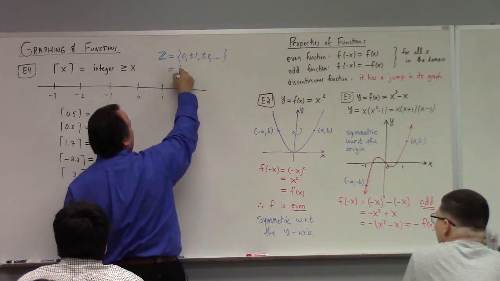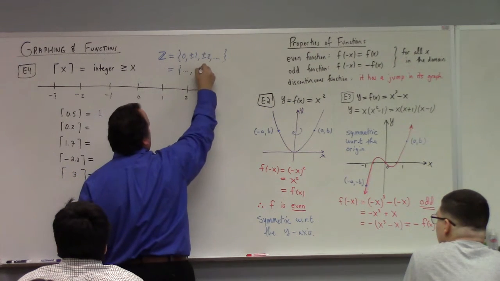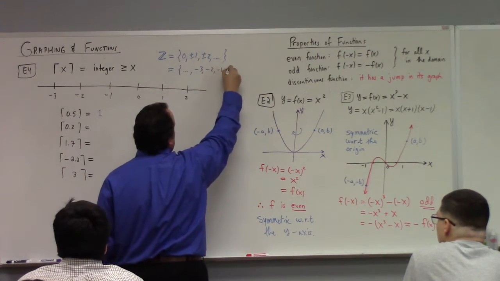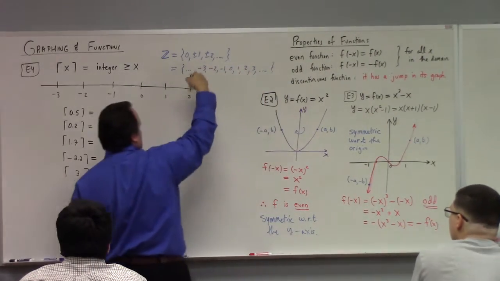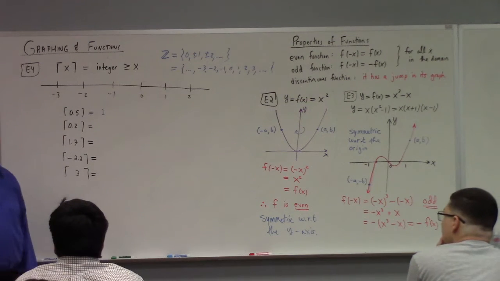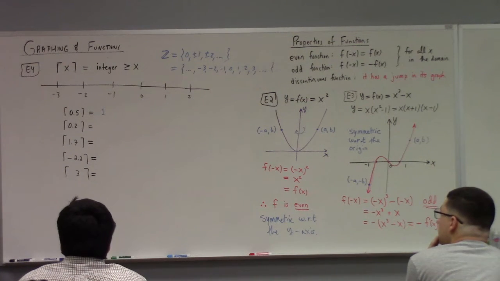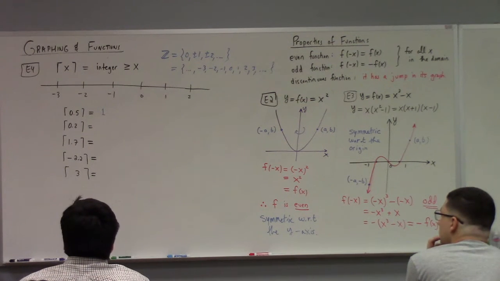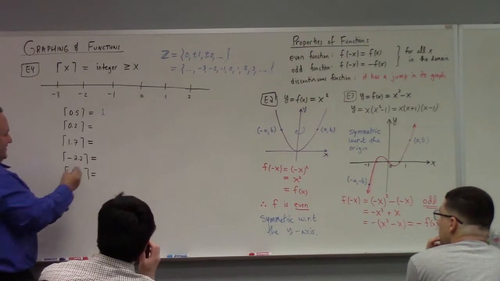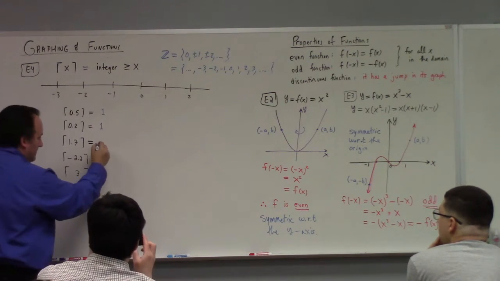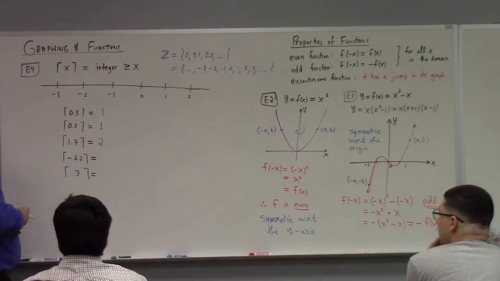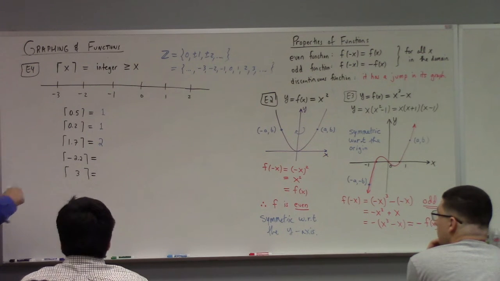This is just a lazy way for me to write this. Like you could also write this as -3, -2, -1, 0, 1, 2, 3. I just wrote plus or minus there as a convenience of expressing the set. So don't read too much into that. So the ceiling of 0.2 would also be 1, right? That's the next integer. 1.7 is 2. Where is negative 2.2?